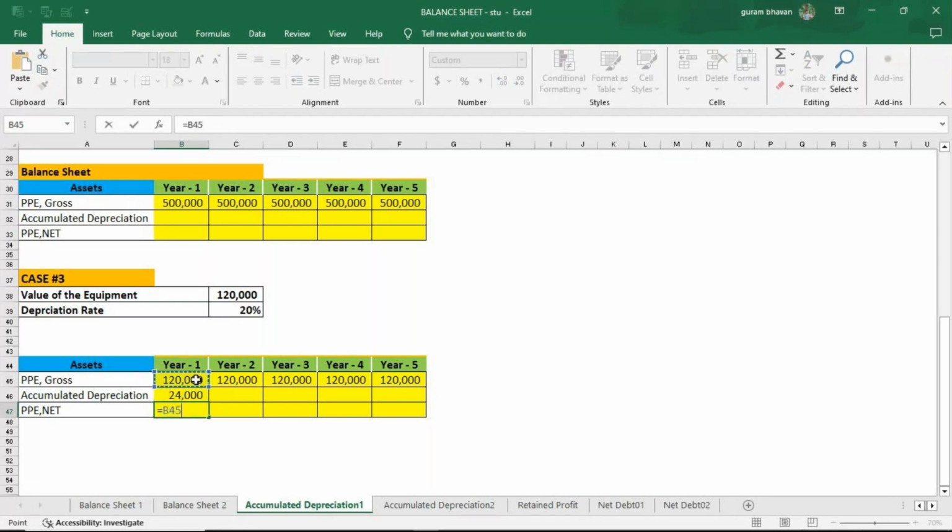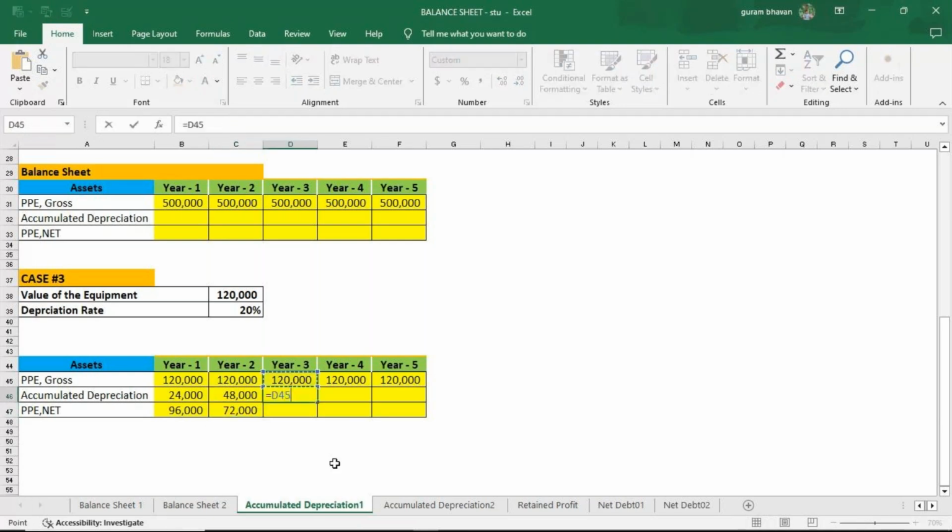So PPE gross minus accumulated depreciation. Here equals PPE gross into 20% plus previous year accumulated depreciation. Then equals PPE gross minus accumulated depreciation.